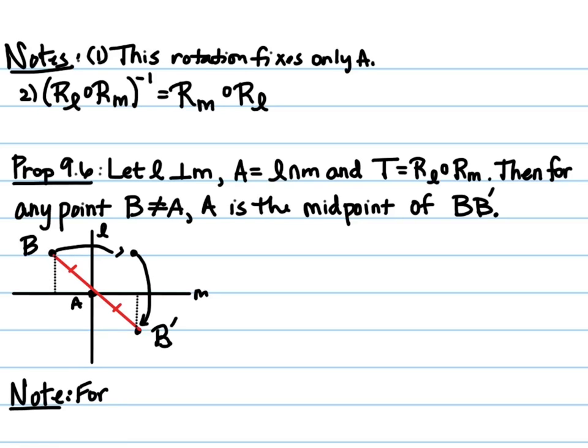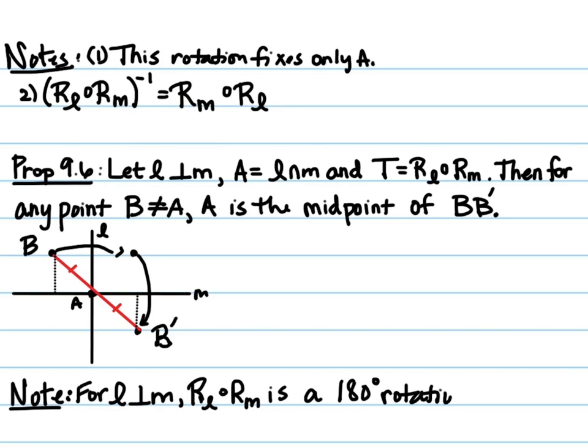So for L perpendicular to M, the two reflections that we just did make a 180-degree rotation about A. Like I mentioned before, in that specific scenario, that 180-degree rotation is called a half turn.